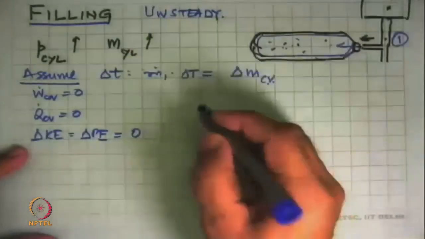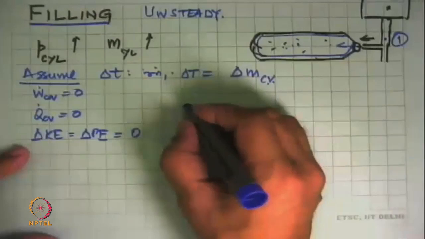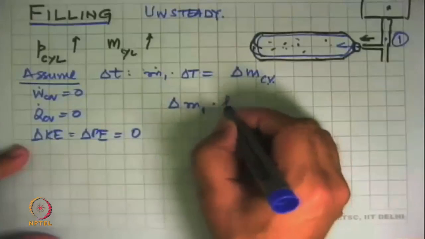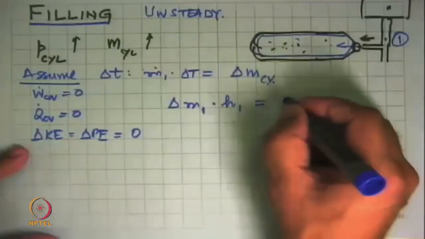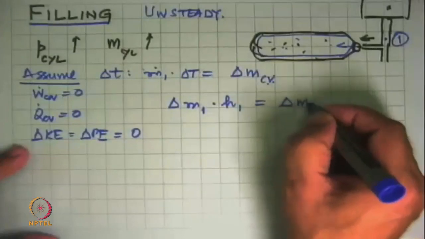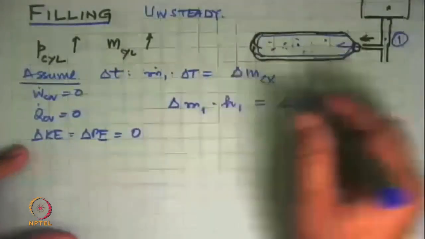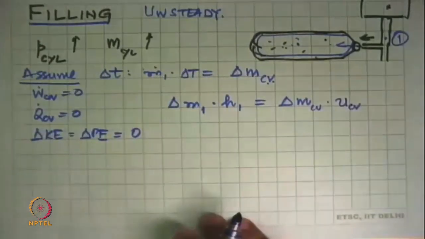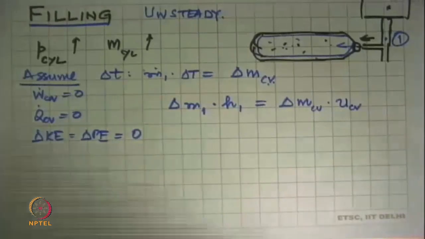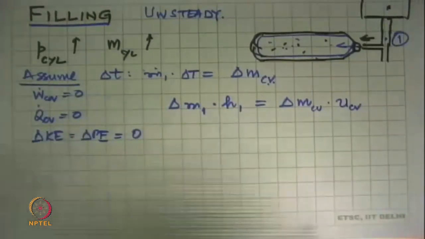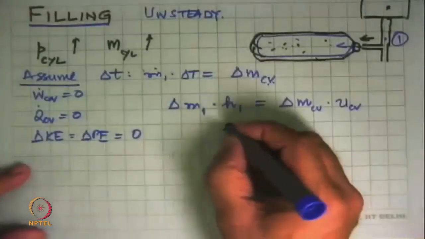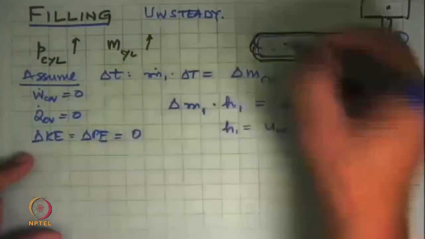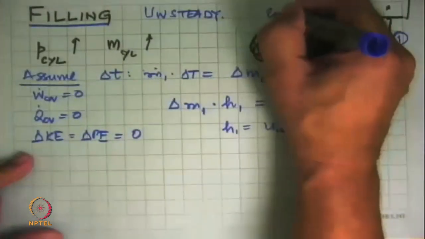When we do that, what we will find is that the mass that went in, a certain amount of mass delta m in, its enthalpy H1, is equal to the mass that got added over here. Say this was evacuated initially, this will be delta m CV into u CV. That long equation that we had, if we solve it, remove terms, this is what we get, and it tells you H1 is equal to u CV. We are assuming that initially this was evacuated.